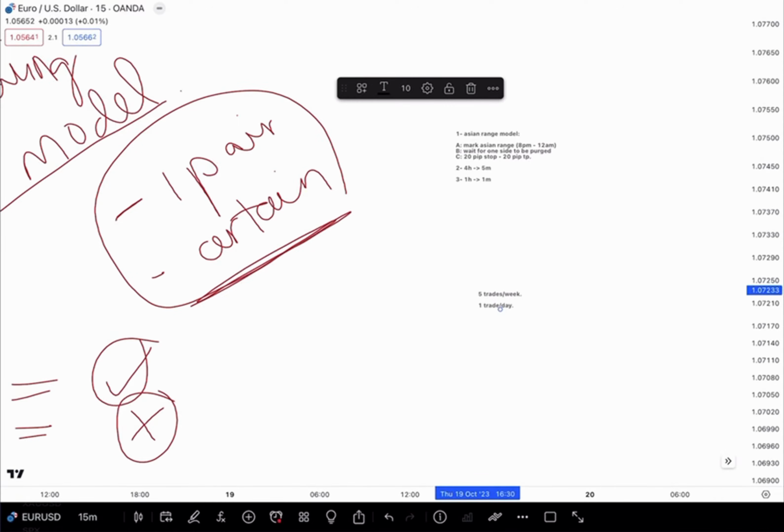I know one of my buddies, he's a funded trader, right? He makes quite a lot of money on his funded accounts as well as his personal accounts, and this is the only thing he trades. He trades nothing else. He doesn't know how New York moves, right? He has an idea, but he specializes in the Asian range, and that's how he makes his living, right?